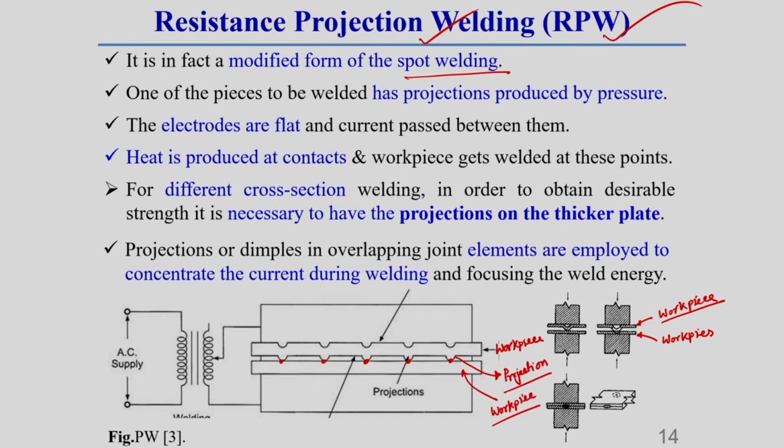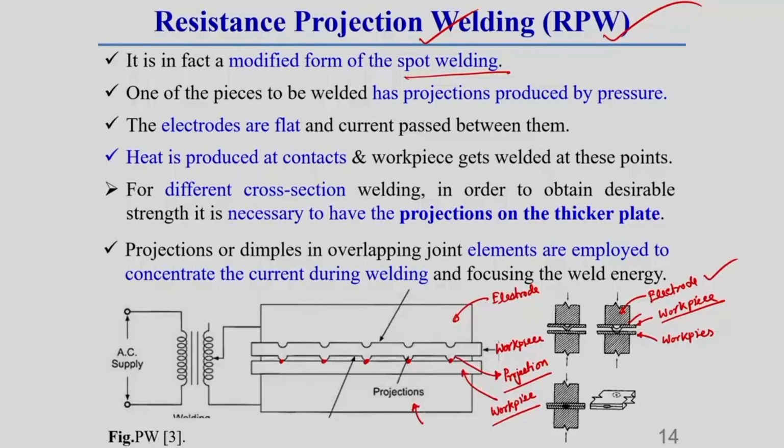Okay. Now, here you see, one thing you should keep in mind. This is called an electrode, this is one electrode, this is another electrode. These two electrodes have a flat face, you observe that there is a flat face. In the previous spot welding process, there is generally a conical shape in the electrode tip, but here it is a flat shape that you can observe.